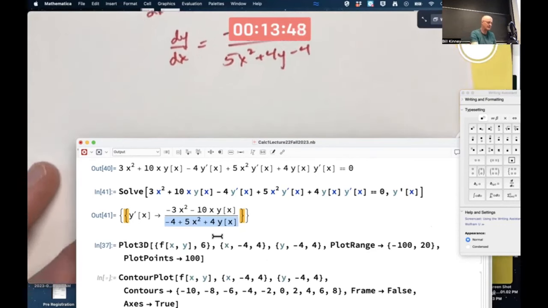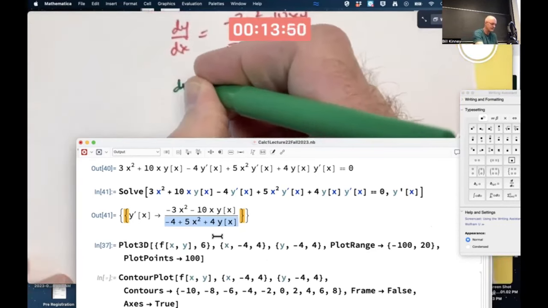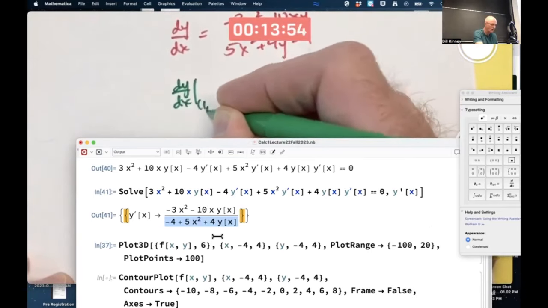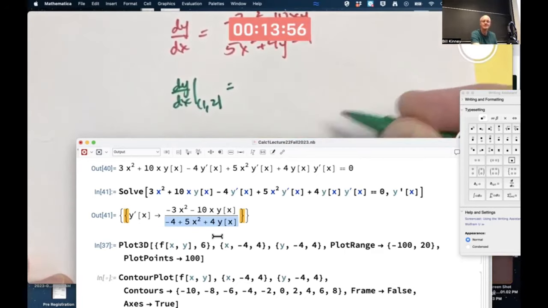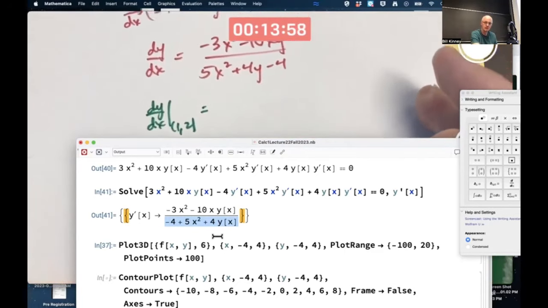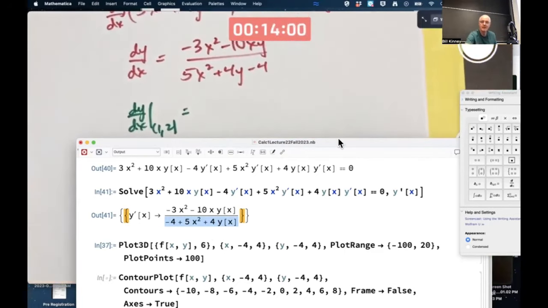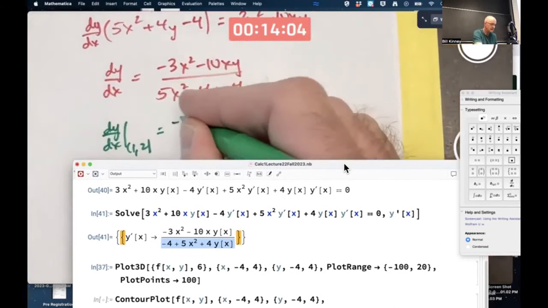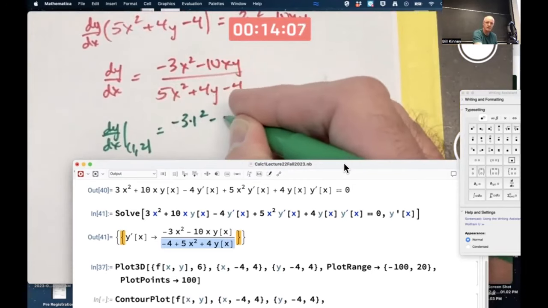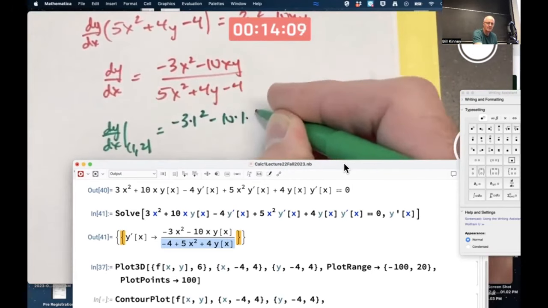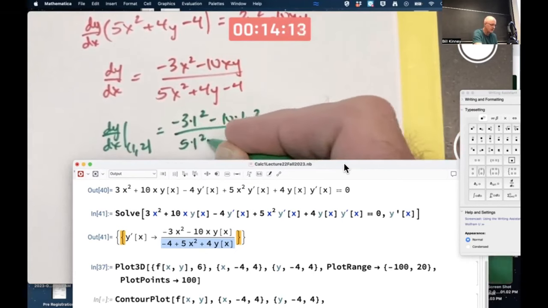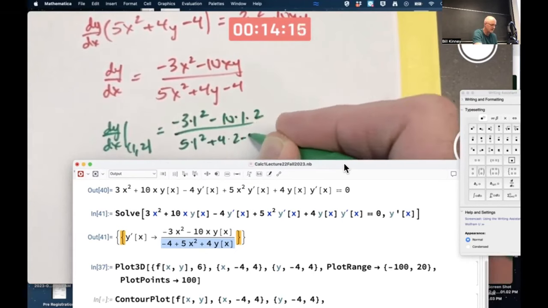Now I'm going to plug the point, x equals 1, y equals 2, into that to get the slope. Replace all the x's with 1 and replace the y with 2. Negative 3 times 1 squared minus 10 times 1 times 2, over 5 times 1 squared plus 4 times 2 minus 4.